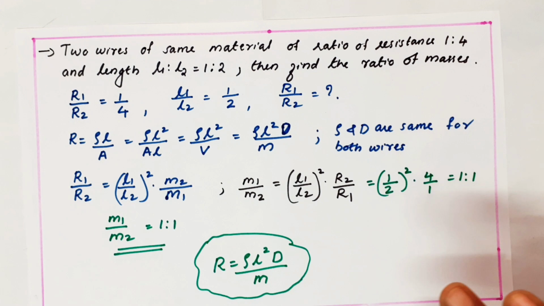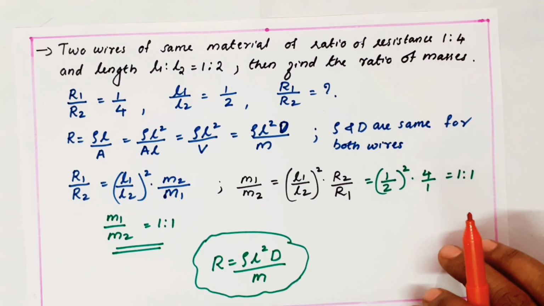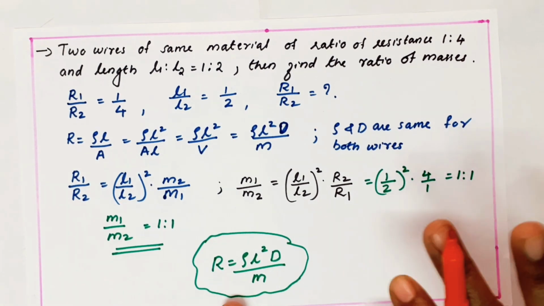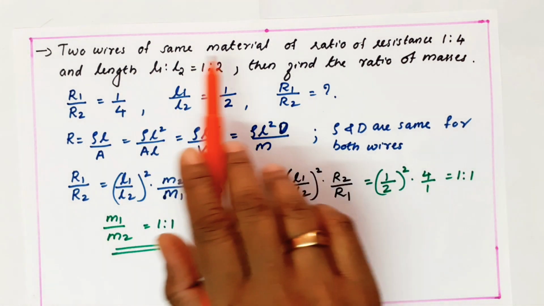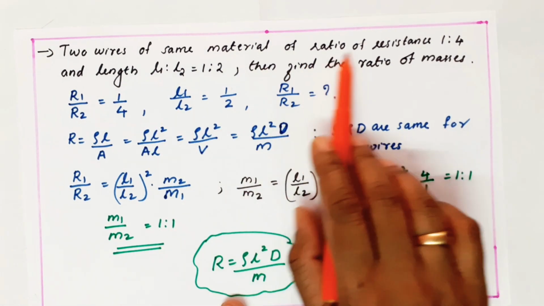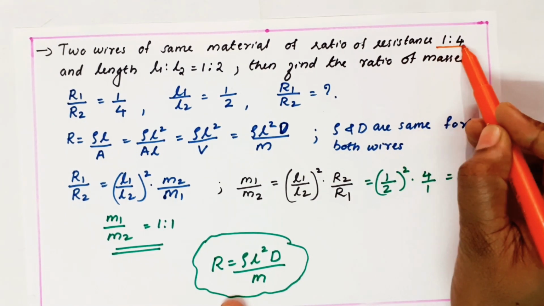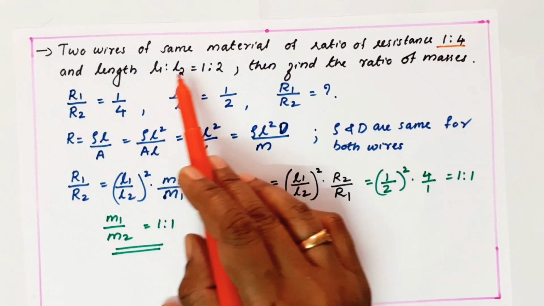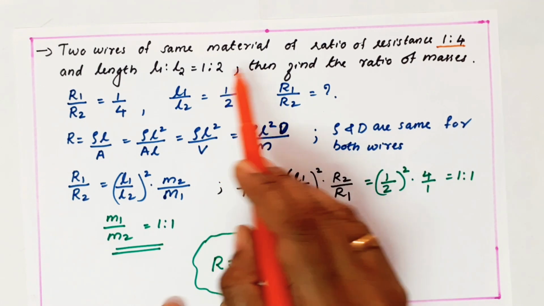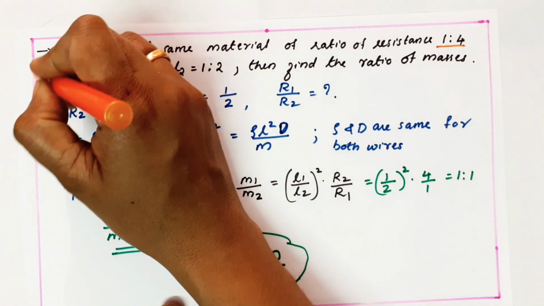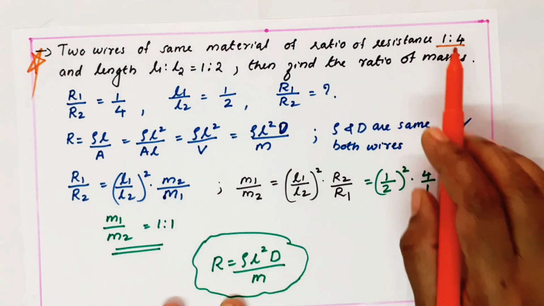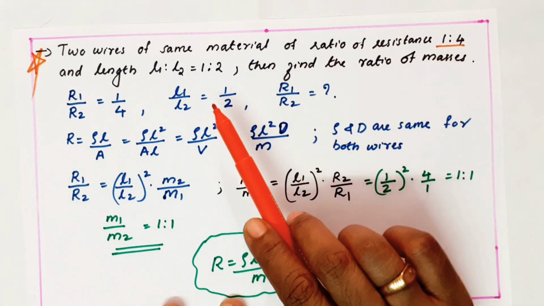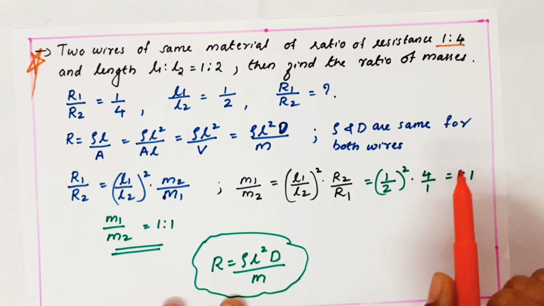I want to discuss another case from this. So in this question, it is not stretching. Two wires of the same material have a ratio of resistance 1:4 and lengths L1:L2 of 1:2. Then find the ratio of the masses. So I am given a question in which they gave resistance and length, and they are asking for mass.